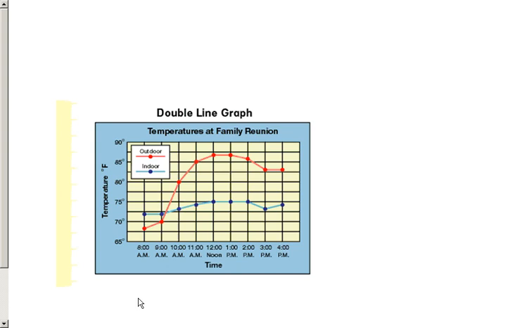And these graphs are used so that we can compare information, and we need to pay attention to our key. This is a graph key. And so we see the earlier information about the outdoor temperature, and now this graph adds the indoor temperature. So we can see at the family reunion, during the time that it got hot outside, people may have been inside and it was a pretty constant temperature.